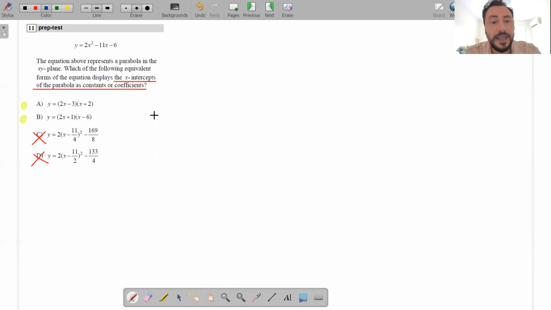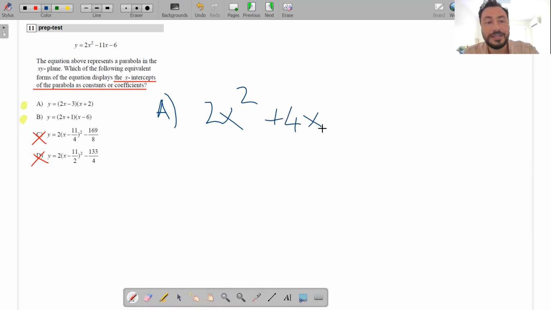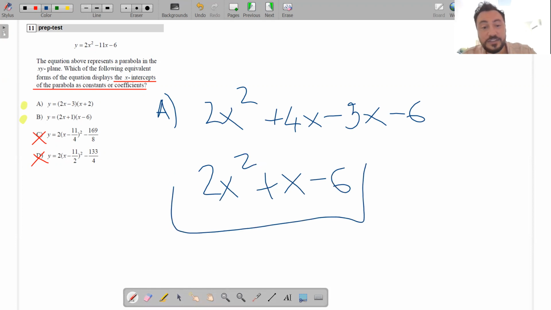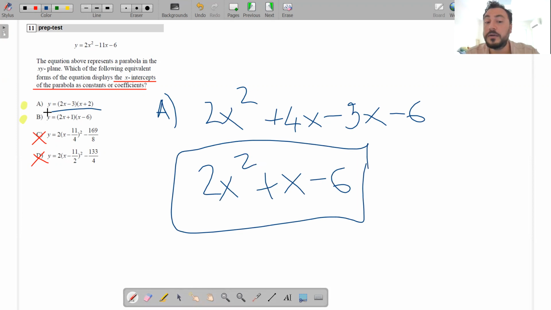So I'm going to take A, and I'm going to use the FOIL method. I'm going to have 2x to the power of 2 plus 4x minus 3x minus 6. I hope you follow me here. So what I get is 2x to the power of 2 plus x minus 6. That's the trinomial that I will get by having this binomial right here.